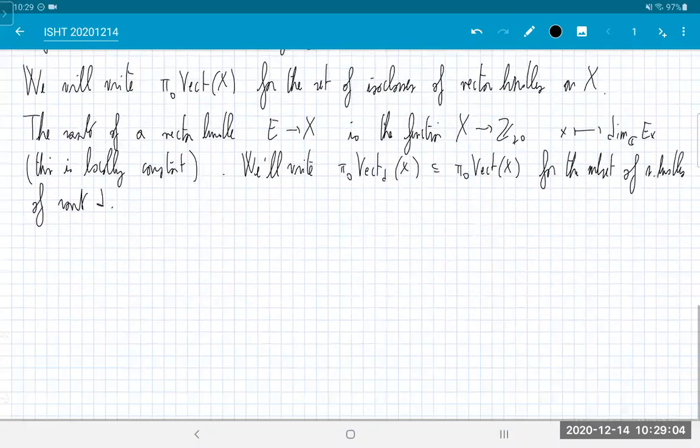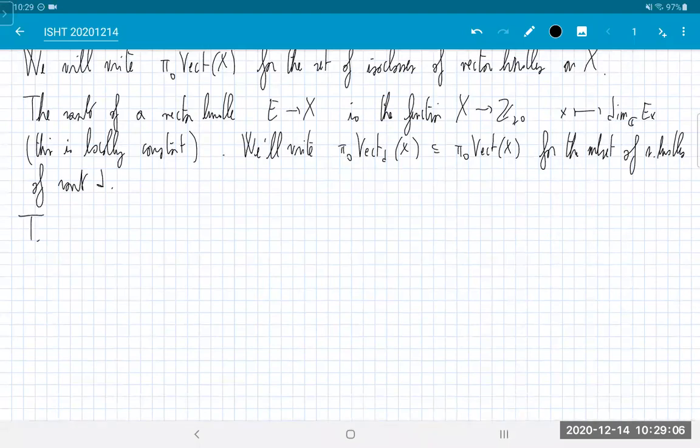Okay, so let me state the main theorem of today, which we're going to prove in two steps. Let X be a paracompact Hausdorff space.